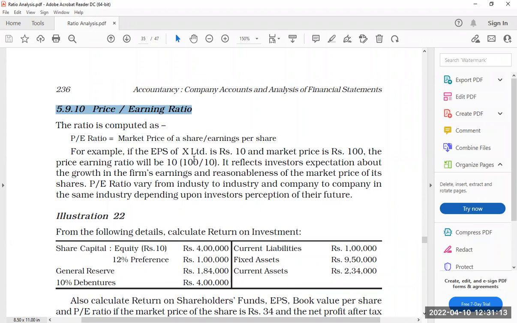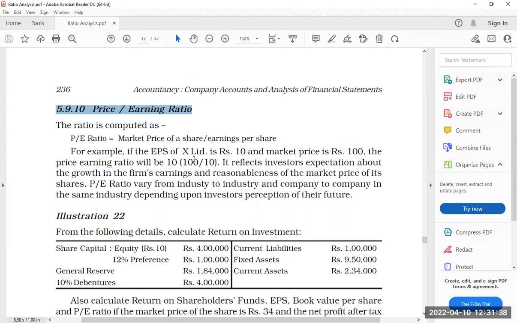EPS is only 100, market price is 1,800. What's the price earning ratio? The same mathematics: 18. First one it was 1.8, now it is 18.